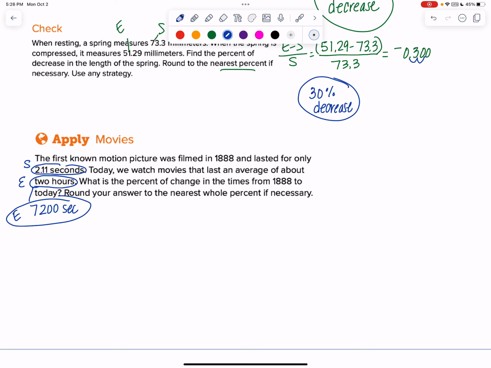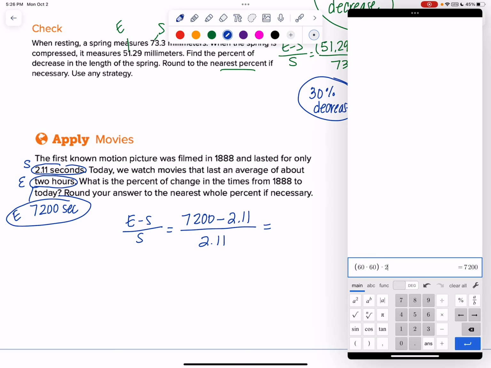So let's go ahead and set it up. We have end minus start over start. So you can see why it was an apply. We had to do some extra work there. So my end is 7,200 seconds minus the start is 2.11 seconds over the start. And then let's go ahead and type it all in.